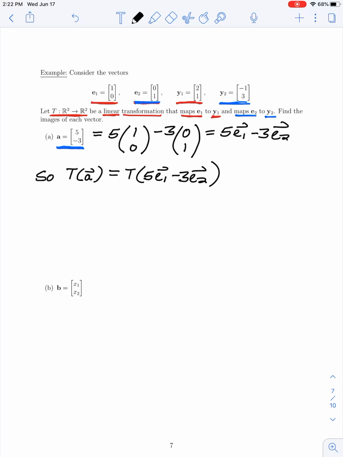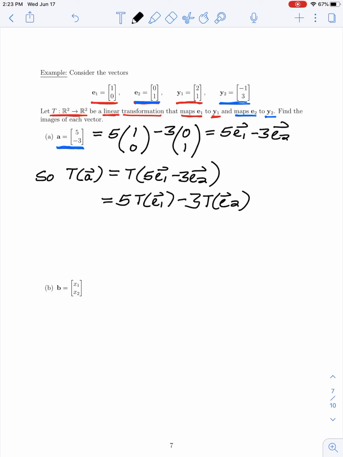But since T, we were told, is a linear transformation in the problem, the transform of this linear combination of the vectors is the same as the linear combination of the transforms of these vectors. That is 5 times T of E1 minus 3 times T of E2.